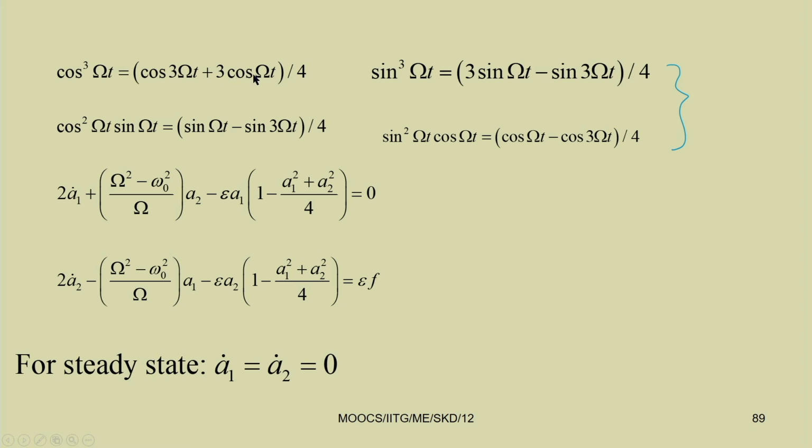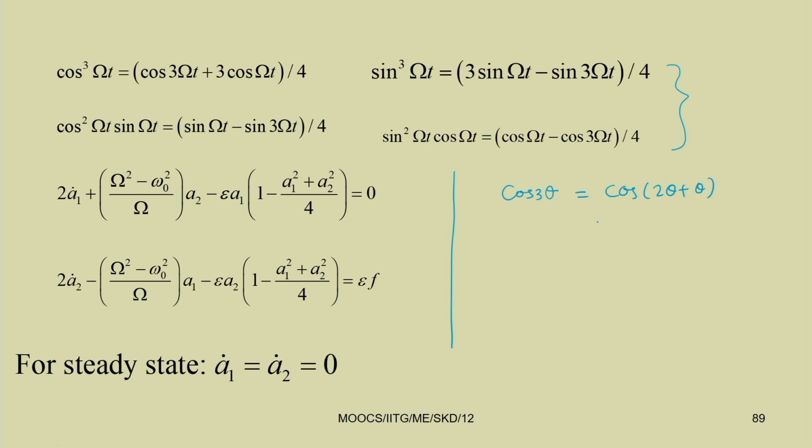So, this cos 3 omega t, one case if we can do, so that is cos 3 omega t. So, 3 omega t can be written or simply cos 3 theta. So cos 3 theta can be written as cos 2 theta plus theta.